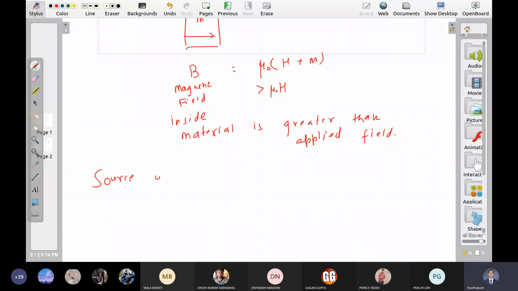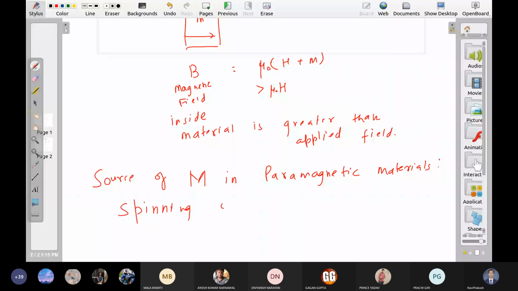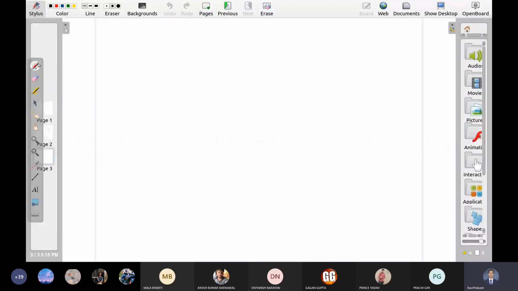Source of magnetization in paramagnetic substances is spinning of electron. Now what happens when electrons are spinning? So you can understand it in this way.